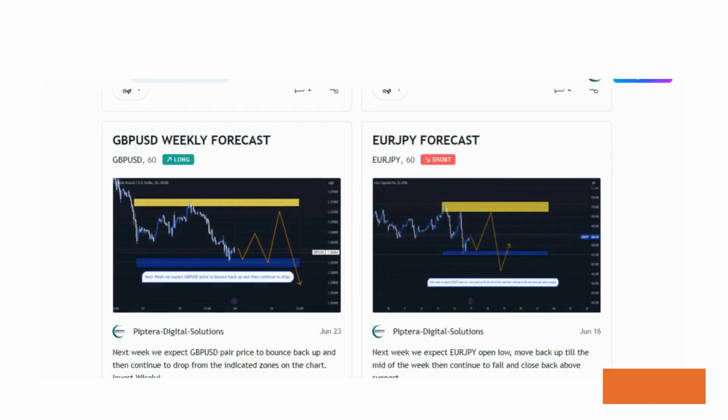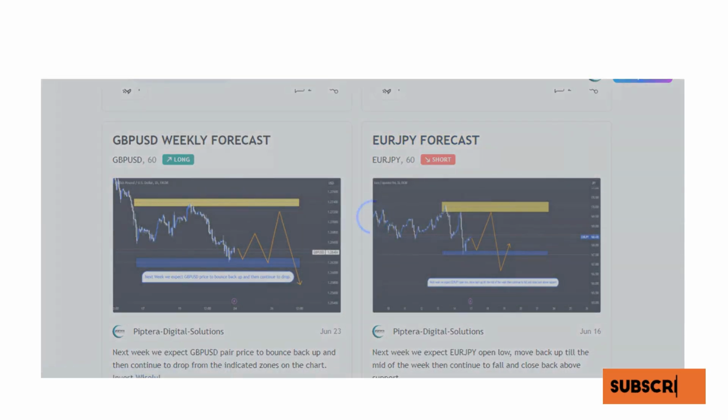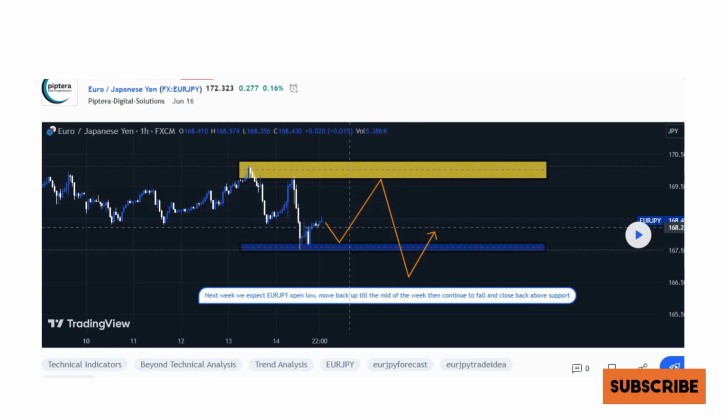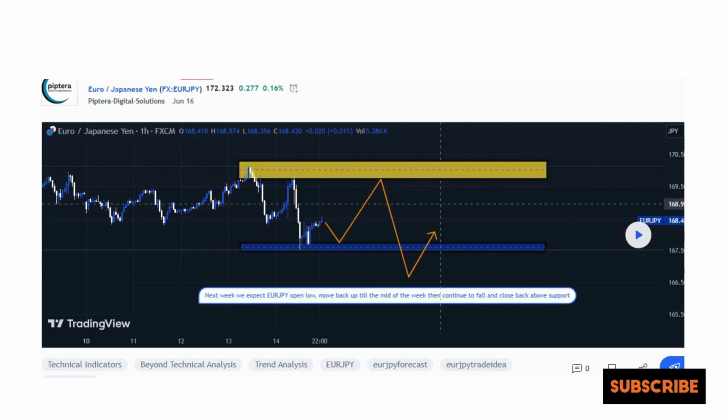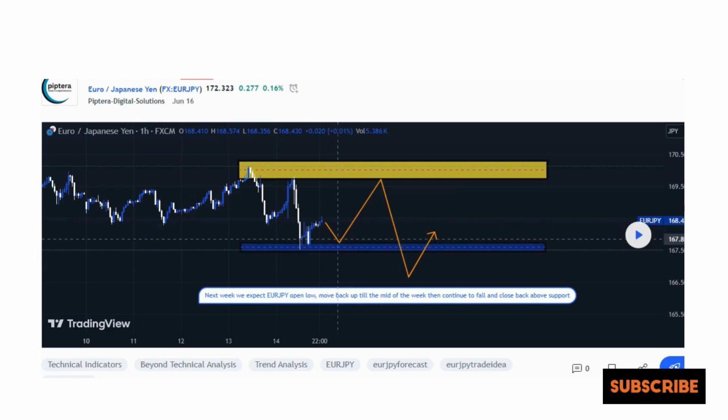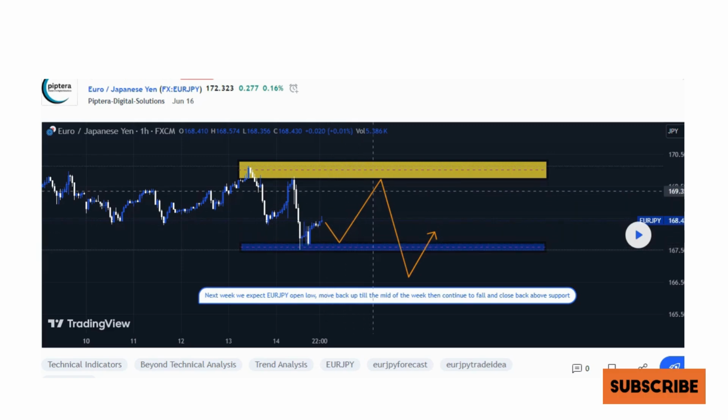So let's go to another pair. Another pair will be EUR/JPY. What was our expectation on this pair? Our expectation before this trade idea was to see the price open low somewhere here, and then move back up to this resistance zone, get rejected from the resistance zone, and then come back, break below the support zone, and then continue to go up from there.